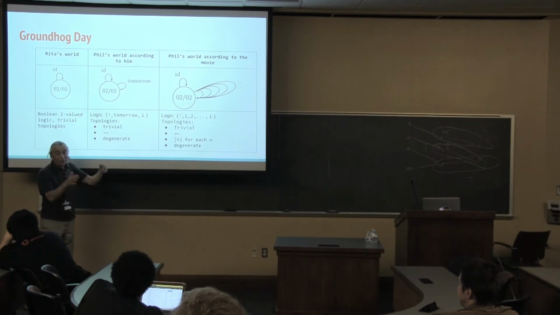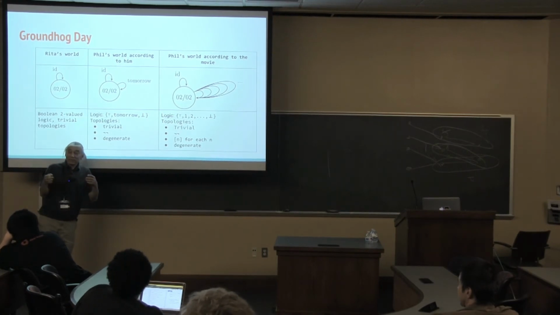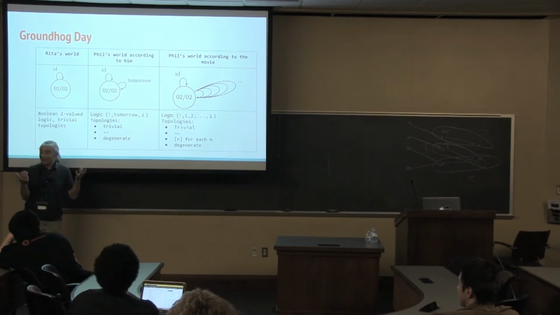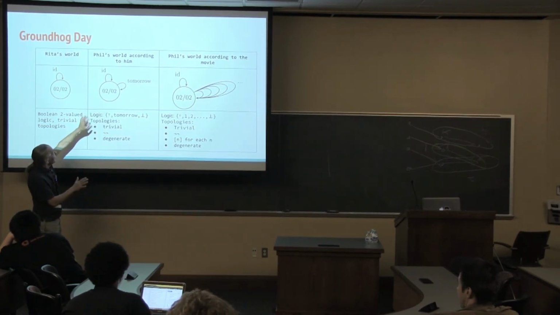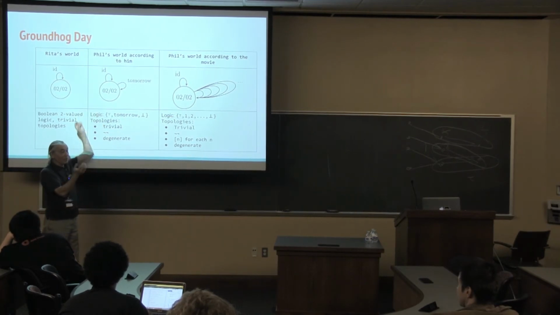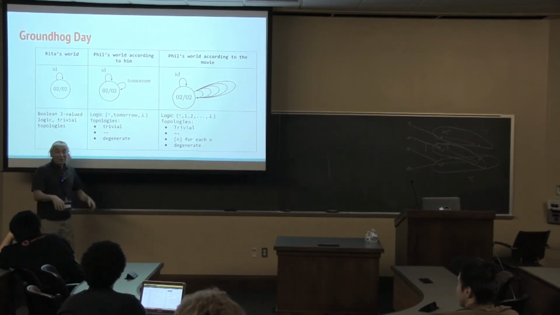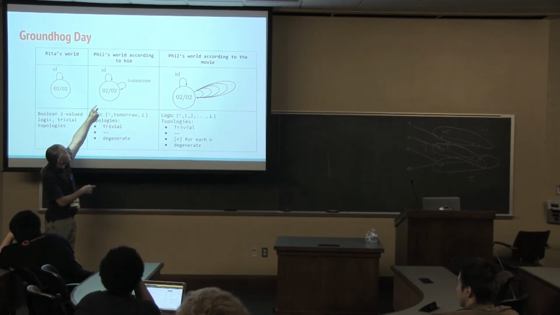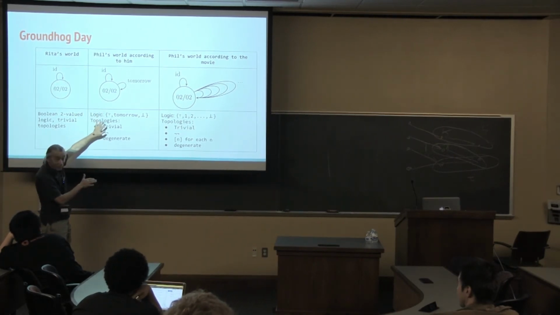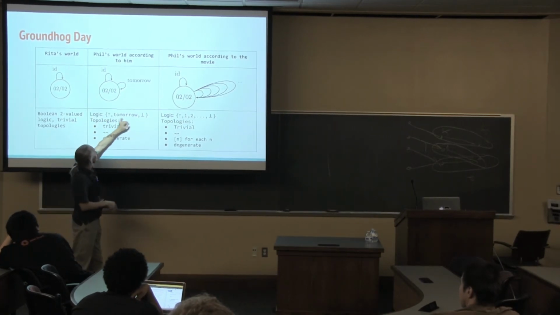From Phil's view of things, again, it may be different from how we think he's thinking, but my artistic representation is that he wakes up, oh, not again. So in his view, we have an identity and we have a tomorrow, but this is the same. So the logic here would consist of these three values.